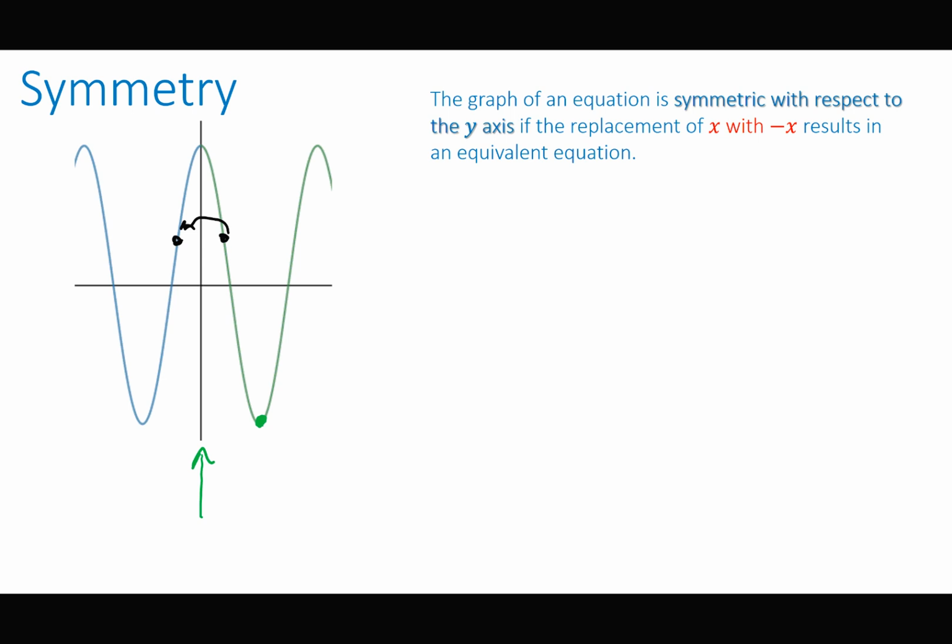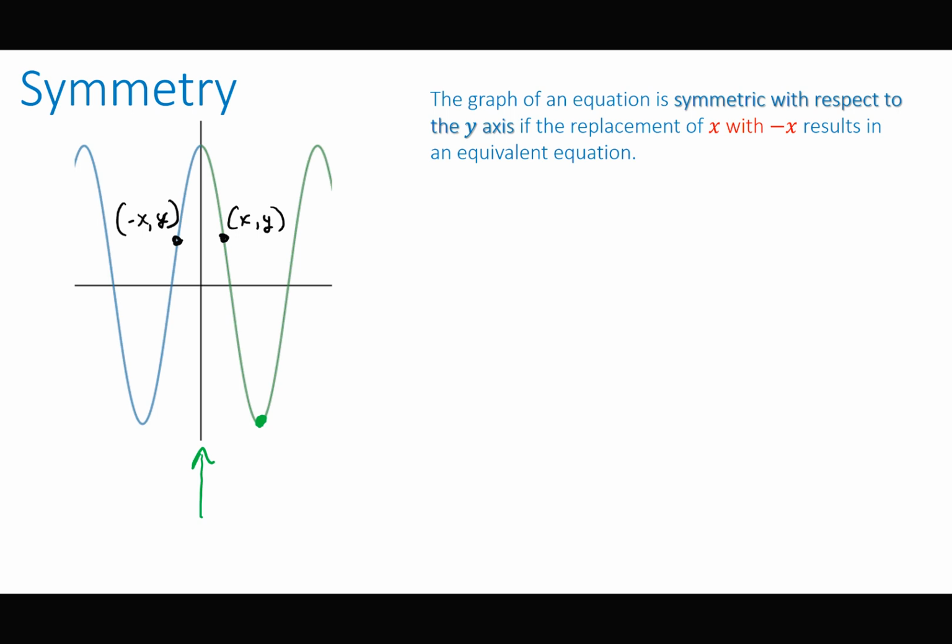So I have up here, the graph of an equation is symmetric with respect to the y-axis if the replacement of x with negative x results in an equivalent equation. What that means is we have some point here, we'll just call it x comma y. Well, this point over here is negative x comma y.